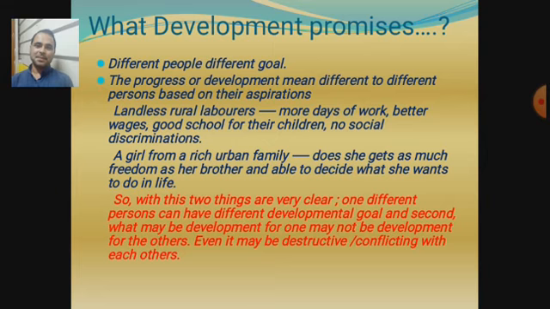So with the help of this example, we can think in this way: what development means to me or to us may not be development for someone else. It may be destructive or conflicting with each other. So what is that destructive or conflicting? That we will try to understand in a later segment.